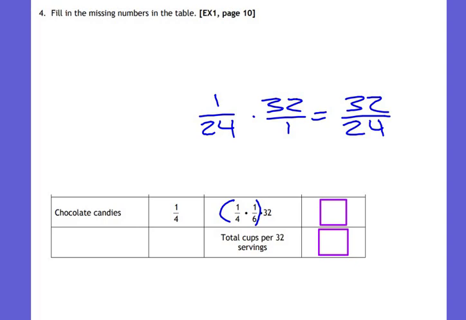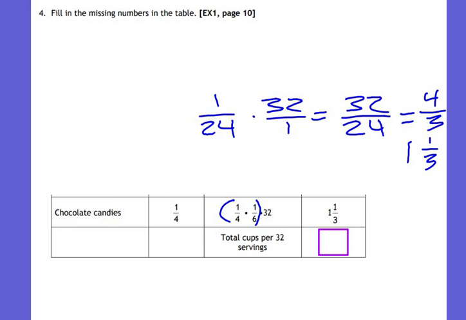What do you want to do with that? Divide by 8. That gives me 4 thirds, which is 1 and 1/3 cups of chocolate.